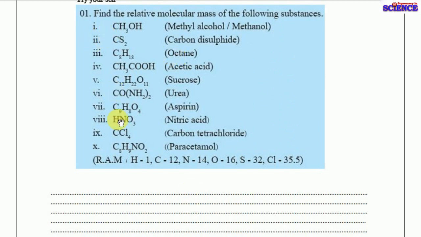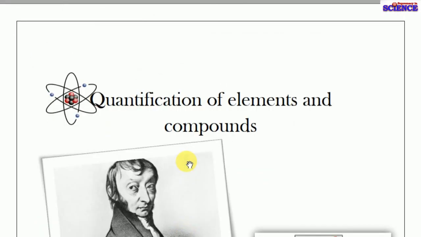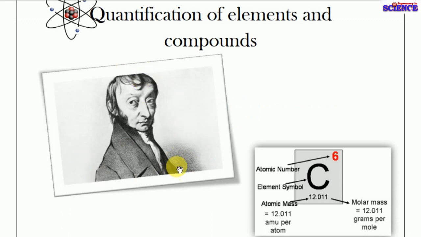Right. Hope you got the understanding of how to find relative molecular mass. Now we are shifting to a very important part, because you saw on the first page there was a person here. This person, Amedeo Avogadro, is a very important person.